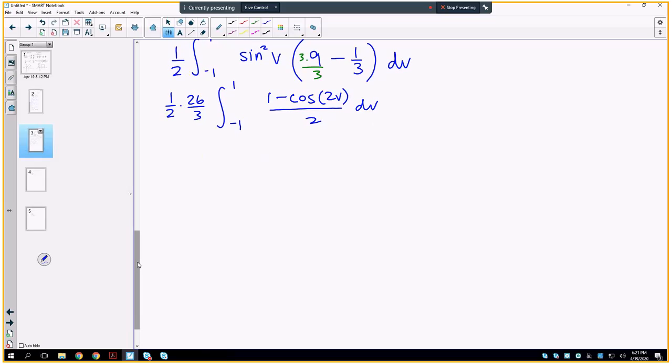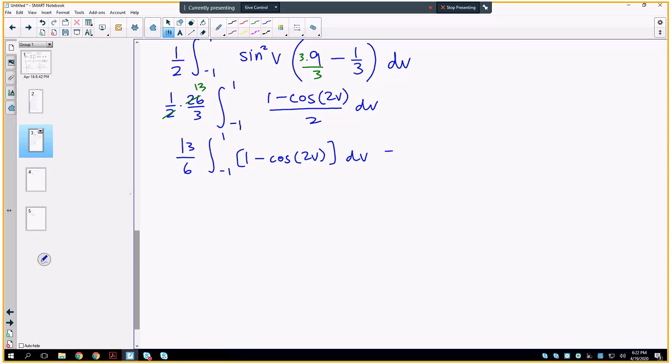So I'll pull out this 1/2 from inside the integral. I'm also going to cancel here and get 13, so I have 13 over 3, and it becomes 13 over 6 when I pull out the 1/2. 13 over 6, integral from -1 to 1 of 1 minus cosine of 2v dv.